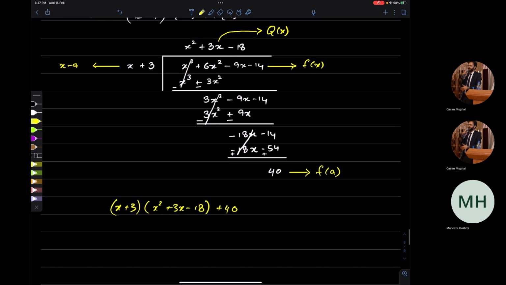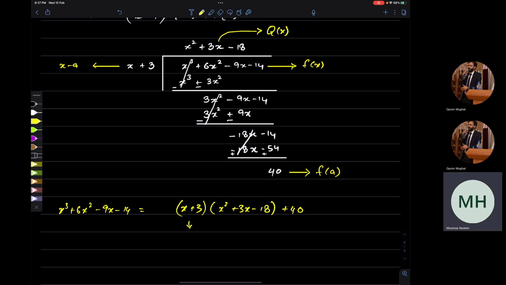Let me just, the polynomial was x cubed plus 6x squared minus 9x minus 14. Now that's x minus a, which I've written up there. This is q of x.